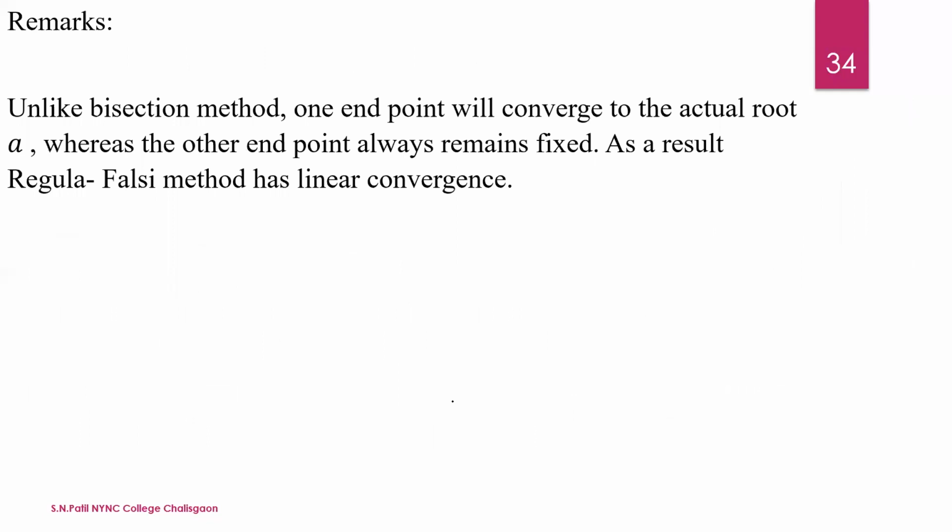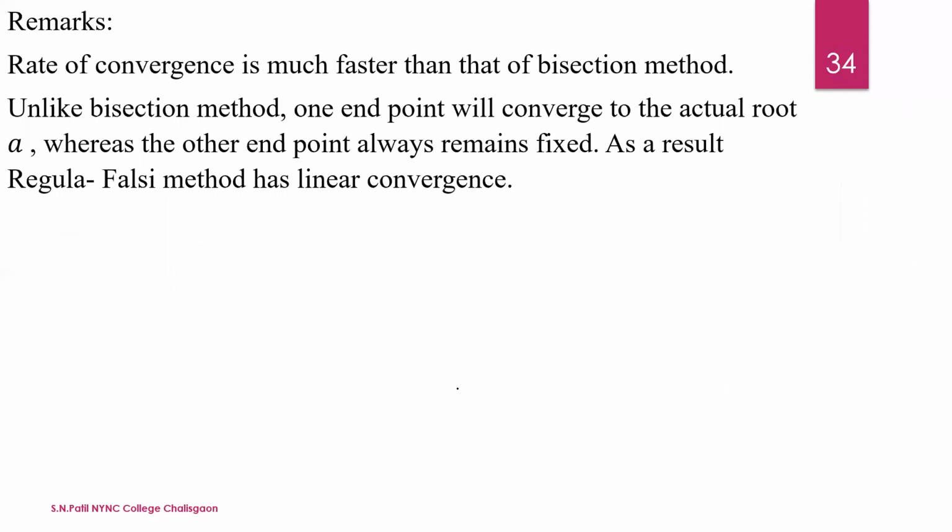Some remarks here. The rate of convergence is much faster than the bisection method. Remember, unlike the bisection method, one end point will converge to the actual root alpha, whereas the other end always remains fixed.